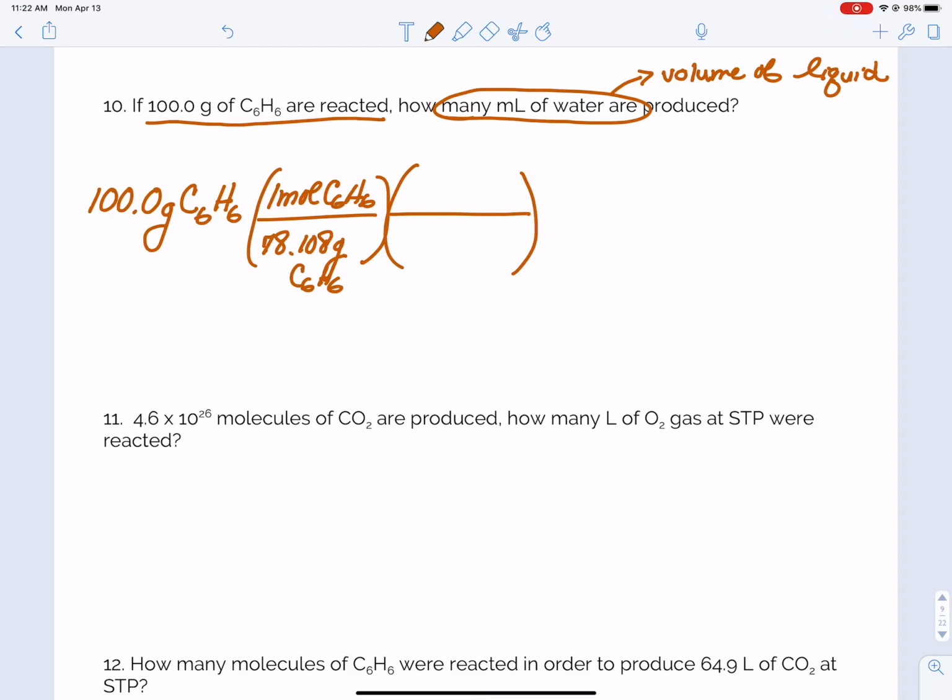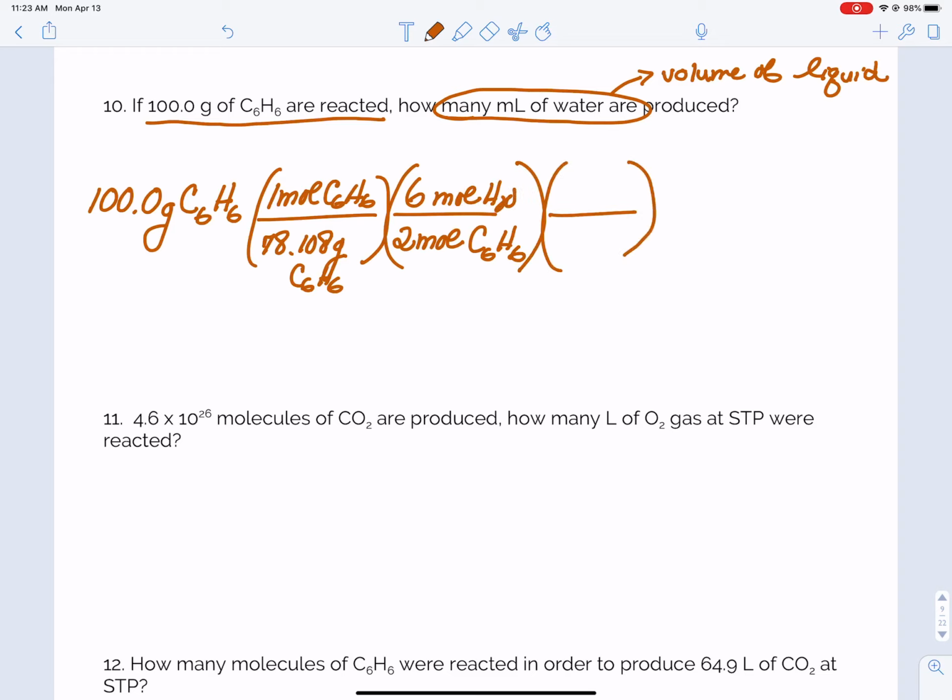Unknown is what the question is asking about. This is where I use the coefficients from the balanced chemical equation. So 2 moles of water. Oops, it's not water. I was looking ahead. It is, in fact, 2 moles of C6H6 will react to produce 6 moles of water.